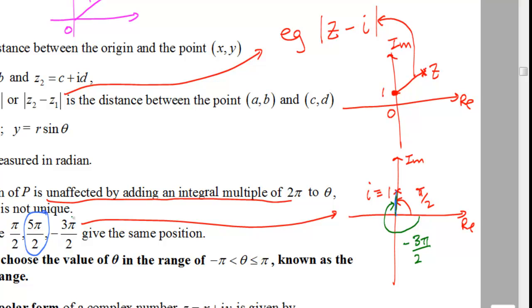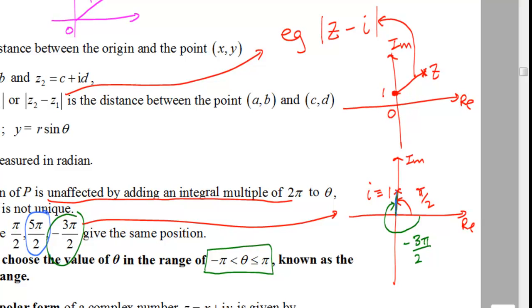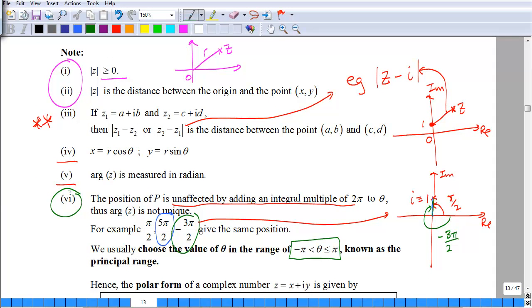So we see that we have yet a third way to represent the argument of the complex number. However, we usually choose the value of theta in this particular range, known as the principal range. Understanding this point 6 is important when we are solving complicated problems later on.